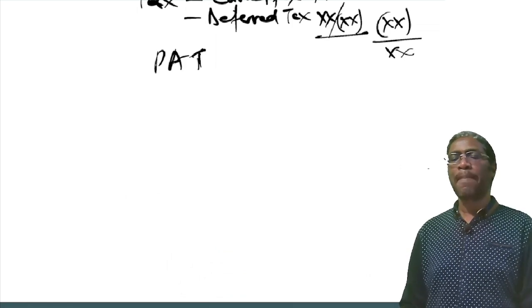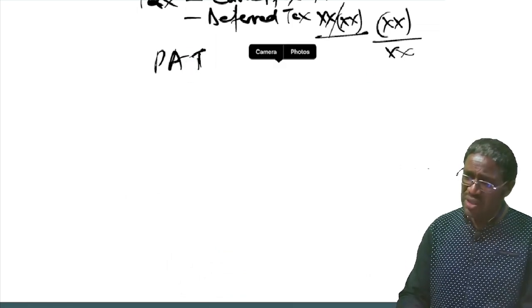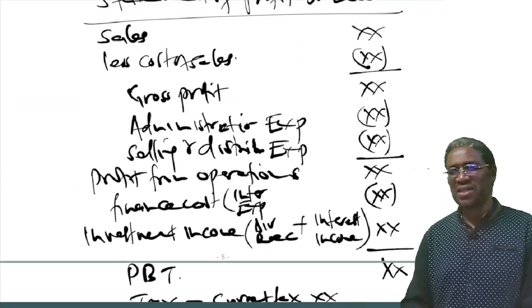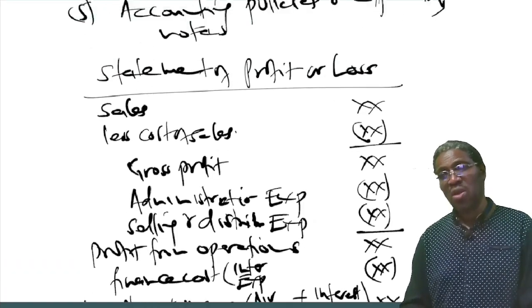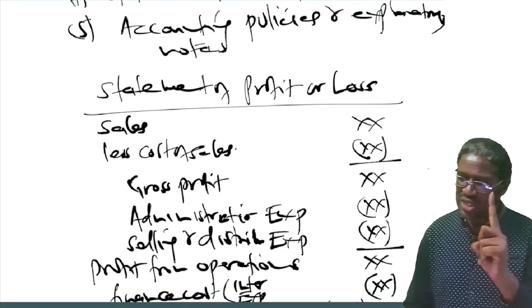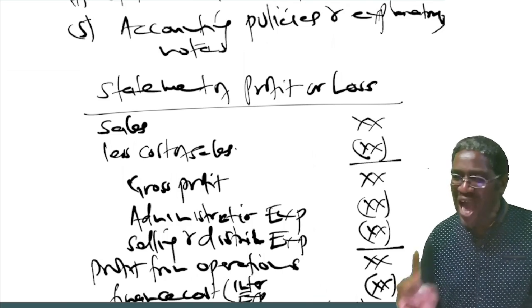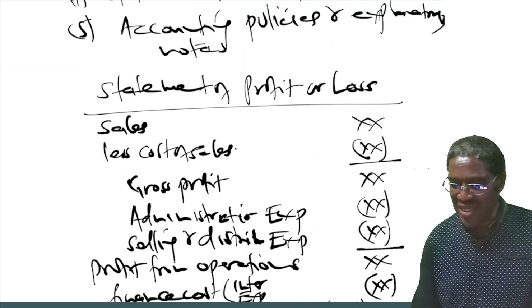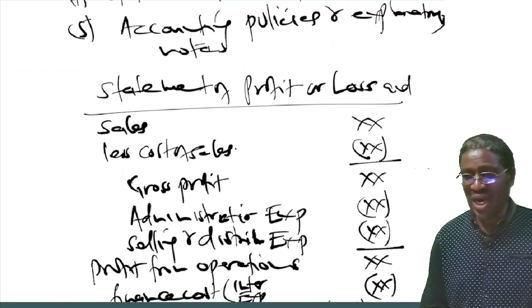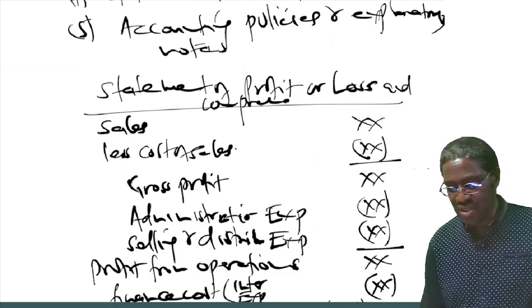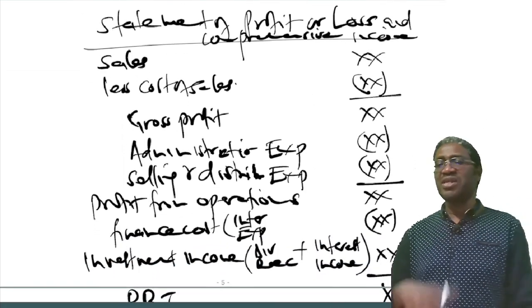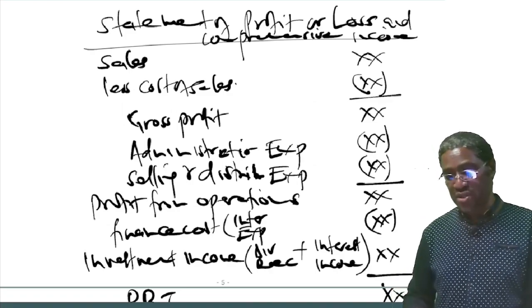Good. Now listen. But it also depends on the way the question is framed to you. If the examiner has told you, prepare a statement of profit or loss and other comprehensive income, or sometimes they tell you prepare an income statement and other comprehensive incomes.